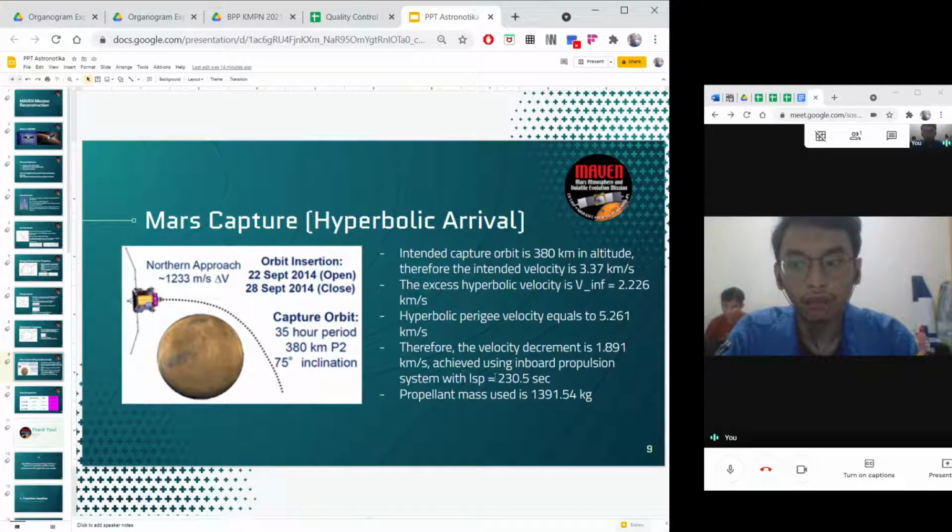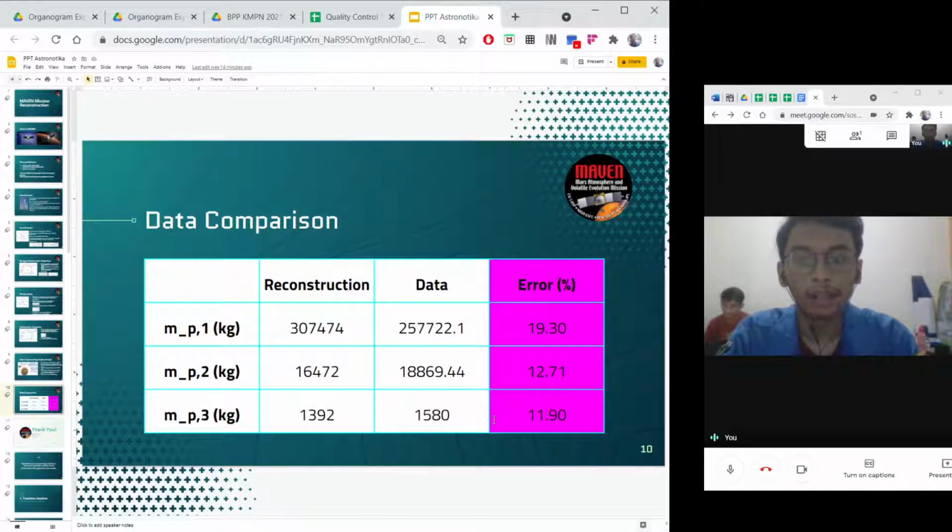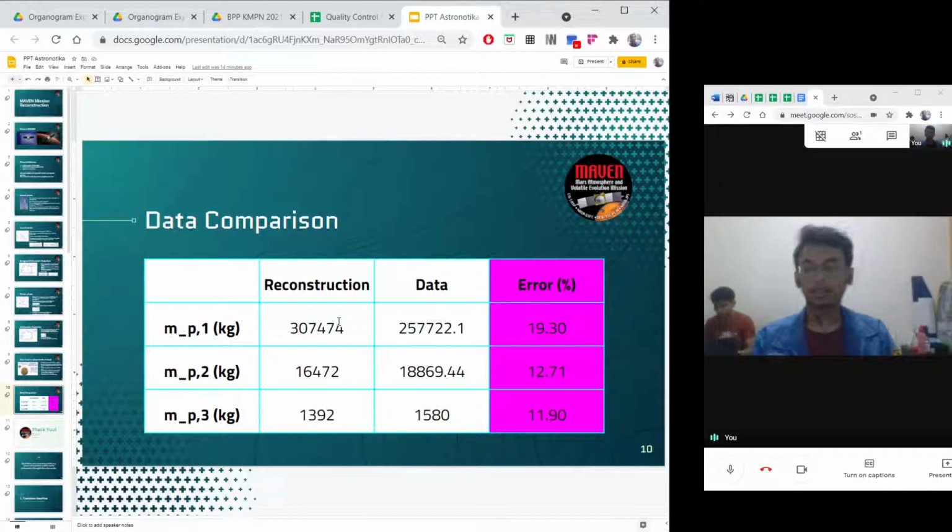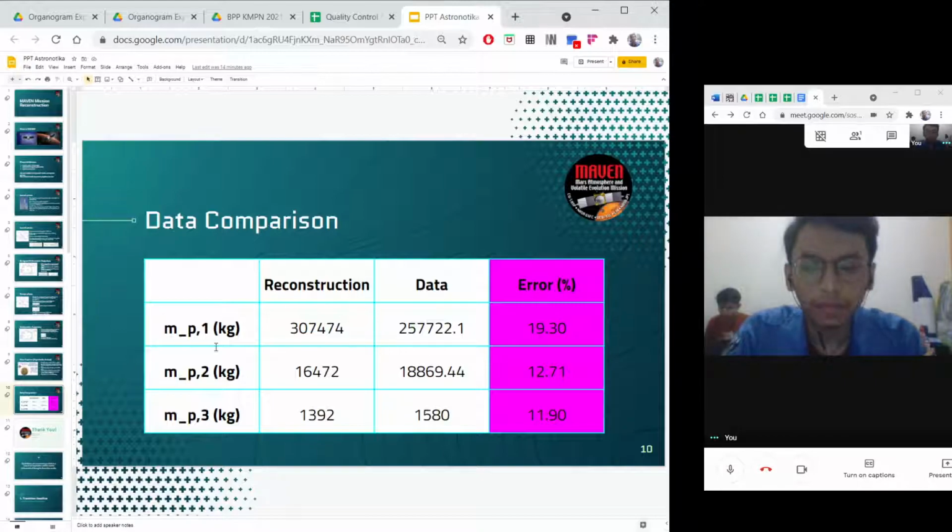Okay, all of the phases have been calculated. Now we can combine the data and compare it with the actual data. The propellant mass used in the launching process is represented in the table. As we can see, the error resulted is 19.3%.